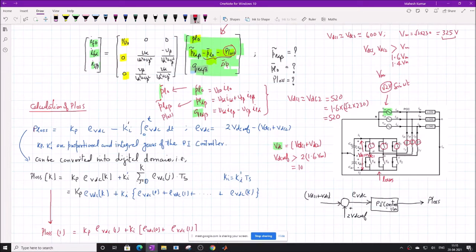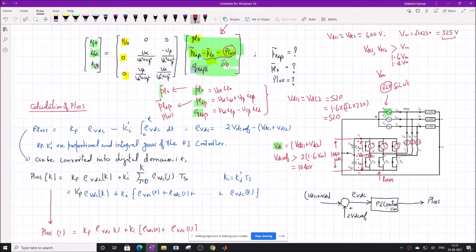So this voltage here, VDC ref, must be 1040 volt DC. Each capacitor should maintain 520 volt in order to track these currents properly. Okay. So what we see is that there is a VDC ref and there is a VDC.